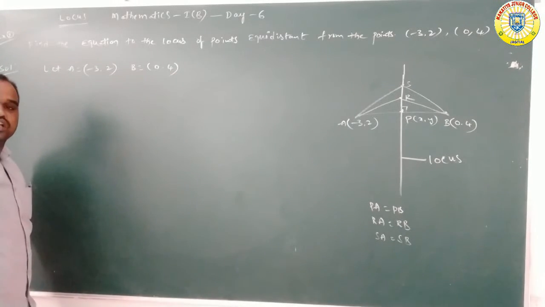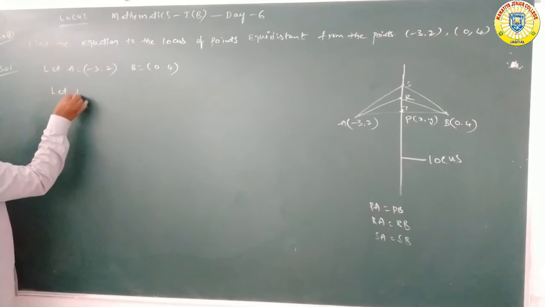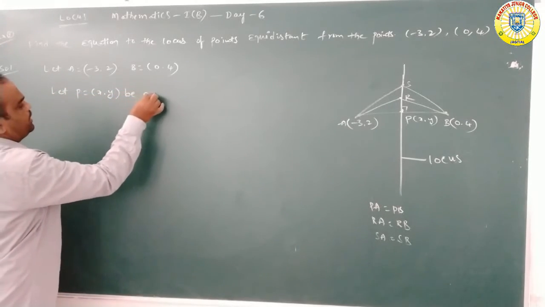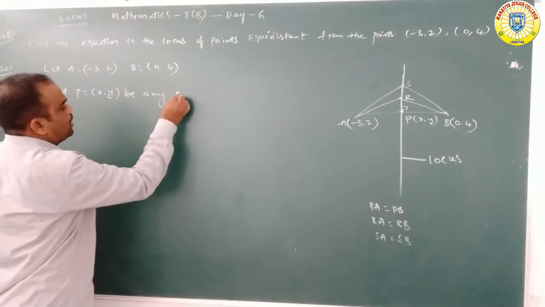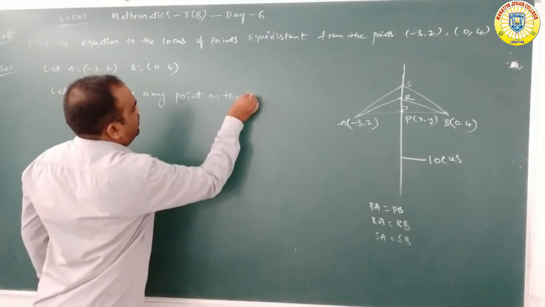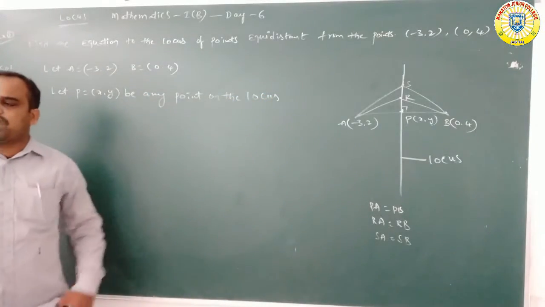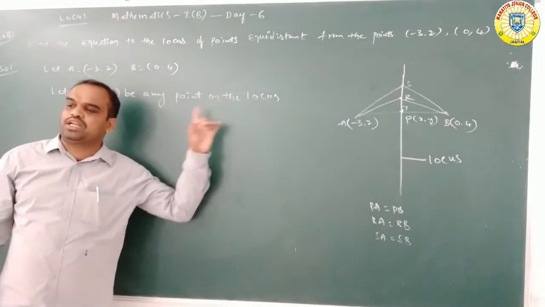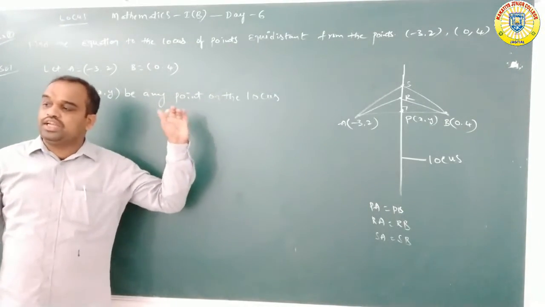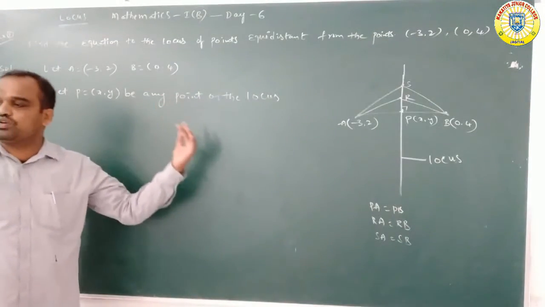Next we take let P equal to x comma y be any point on the locus. The point P must satisfy our given geometrical condition. What is our given geometrical condition? Equal distance from both A and B, that is nothing but PA is equal to PB.